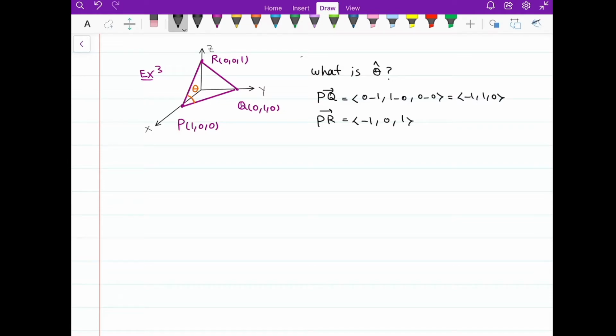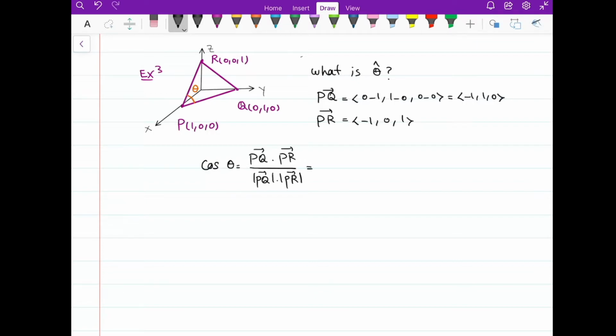Okay, and then I'm gonna use the formula: cosine of theta is equal to PQ dot product with PR over the length of PQ times the length of PR. That's how we find the angle between two vectors.